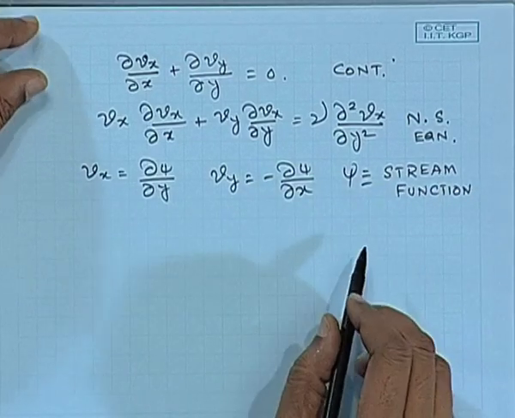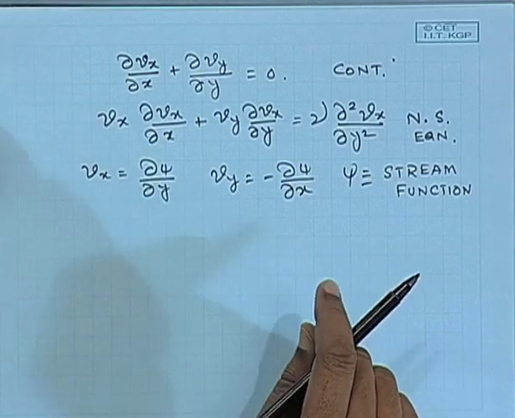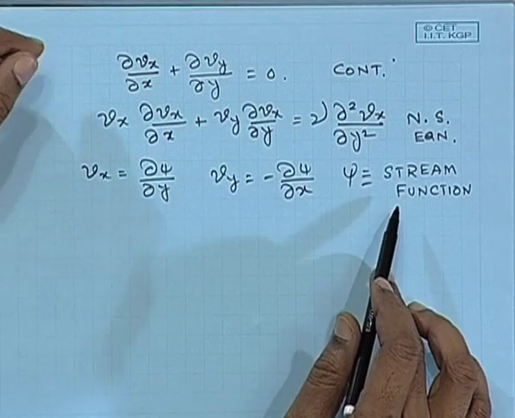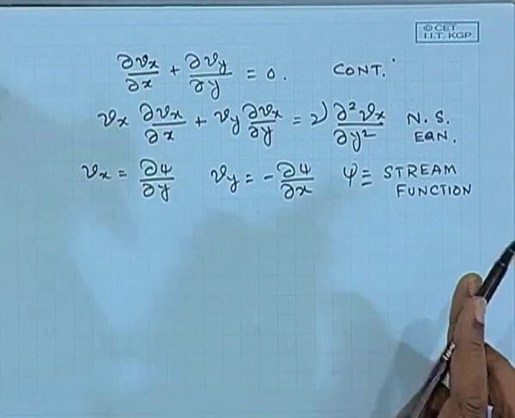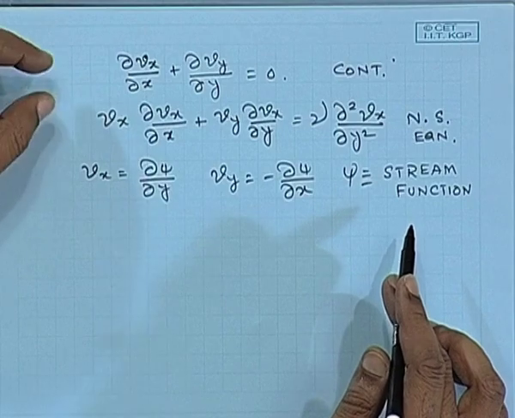And apart from other advantages which are associated with flow visualization using stream function, can anyone tell me what would be the mathematical advantage of using stream function in the light of these two equations?